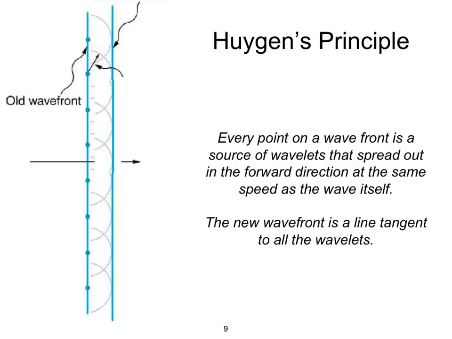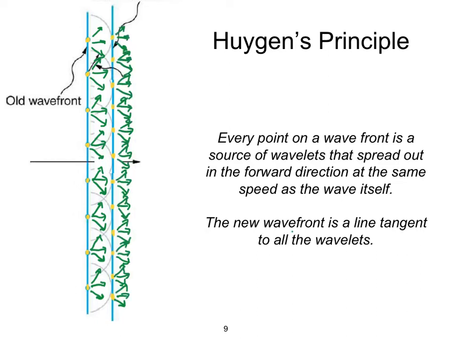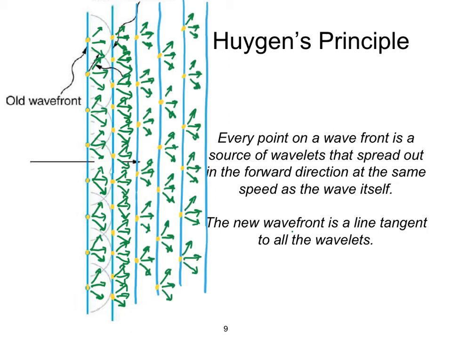In fact, Huygens' principle asserts that this idea of many point sources combining to create a linear wavefront is exactly how all plane waves behave. Huygens' principle goes even further, asserting that every single point on a wavefront acts like a new source of wavelets that in turn spread out in the forward direction, forming the next wavefront, and then the next, and then the next, and so on, creating the plane wave that propagates in the forward direction.